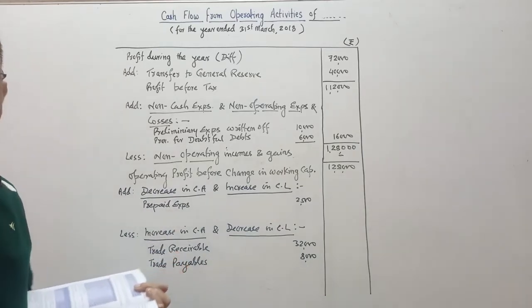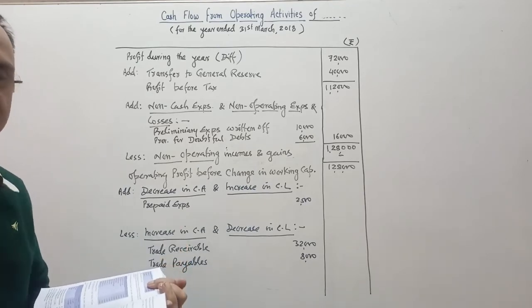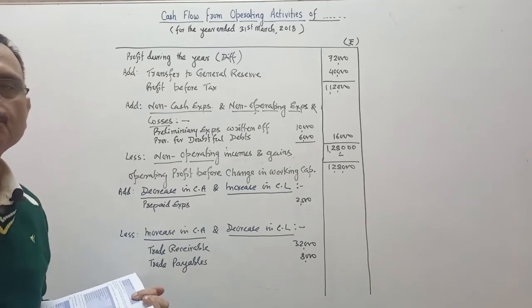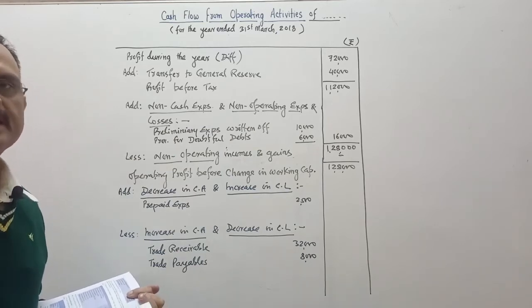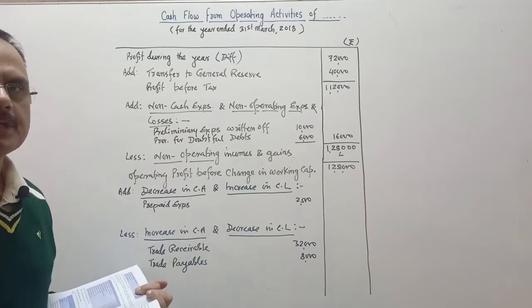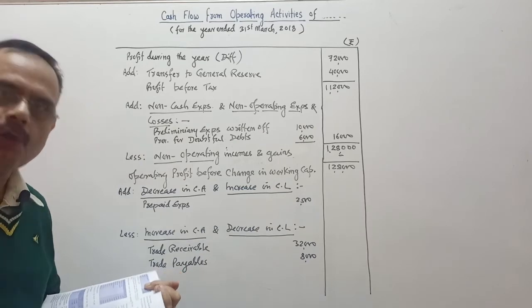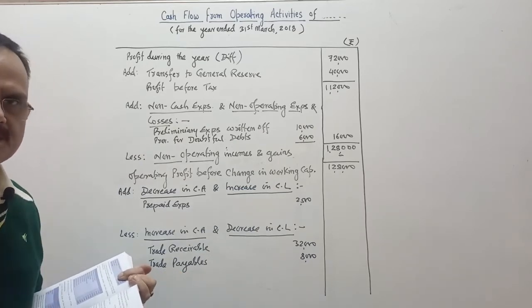Next is outstanding expenses. Last year, in 2017, outstanding expenses were given as 4,000, and in the current year there is no information about outstanding expenses. So there are no outstanding expenses in 2018. It means outstanding expenses decreased.